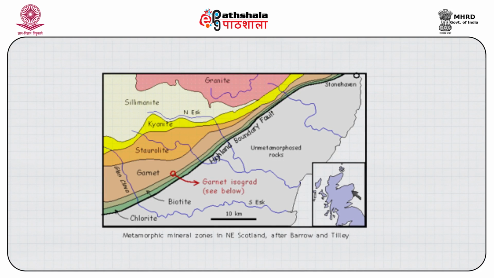Now, in this diagram, we will find that there are 7 facies for regional metamorphism and 4 facies for contact metamorphism. The 7 regional metamorphic facies are the zeolite facies, the prehnite pumpellyite facies, the greenschist facies, the greenschist amphibolite transition zone, the amphibolite facies, the granulite facies, the blueschist facies and the eclogite facies.